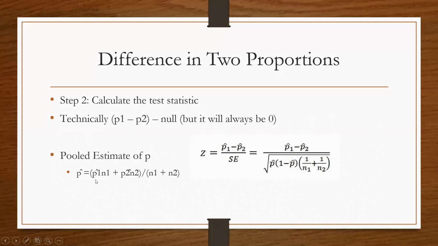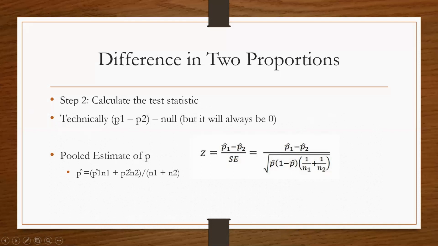I don't really think you're going to have to do it, but I'm just writing it out just in case. It's p hat 1 times the sample size of 1 plus p hat 2 times the sample size of 2, divided by the sample size of 1 plus the sample size of 2. That's what you plug in here and here, since they're not really given to you, whether you're supposed to use P1 or P2.